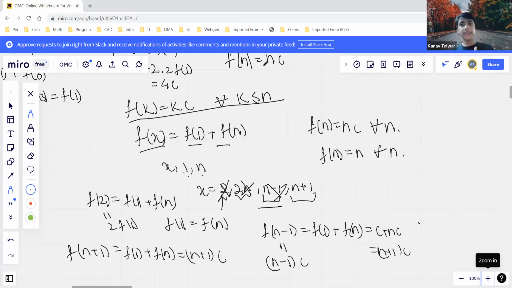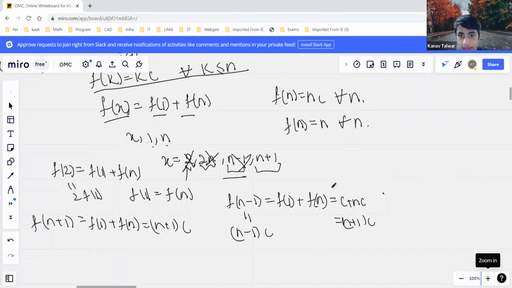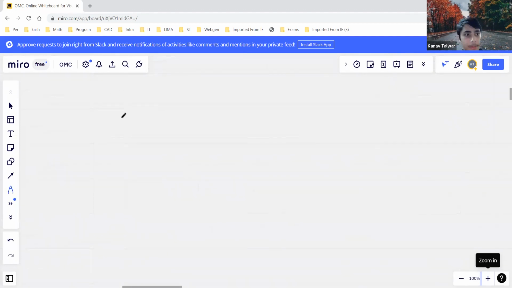This completes our proof. Is the proof clear? Are there any questions with the proof? No questions. Awesome. Perfect. Let's do another problem.